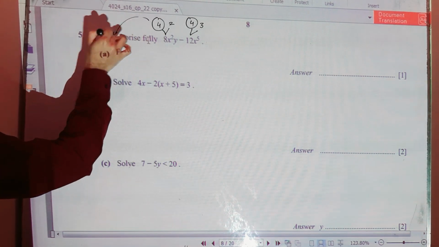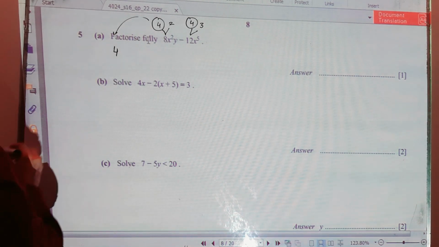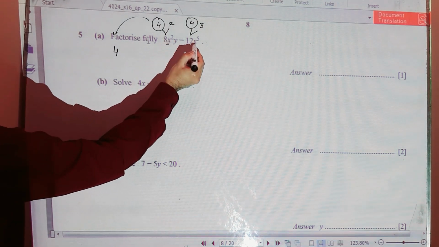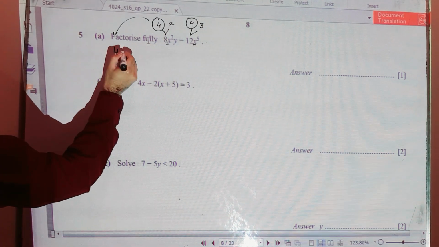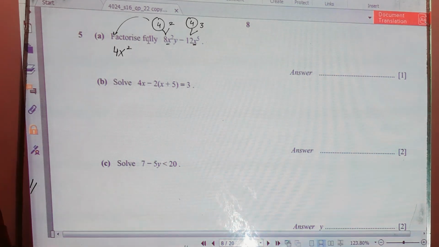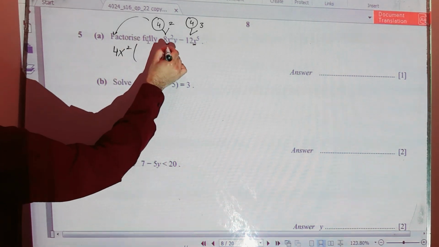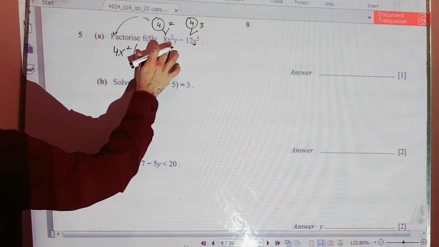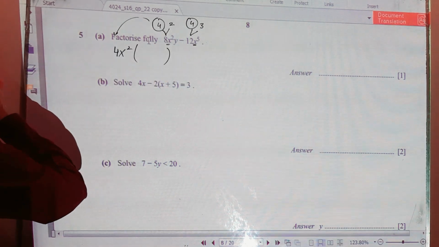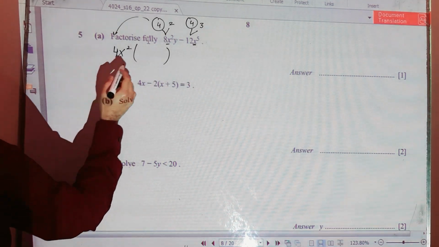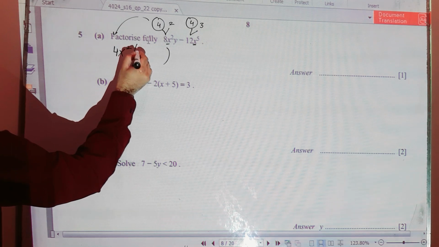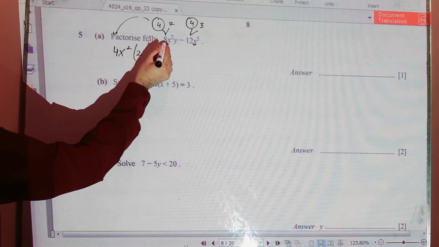Take out 4. What about x? Here you have got x square, here you have got x power 5. So the lower power will be taken out. Now y is not present over here, it is present here but not over here, so y will not be taken out as a common factor. So you will be left with 2 for 2 times 8.